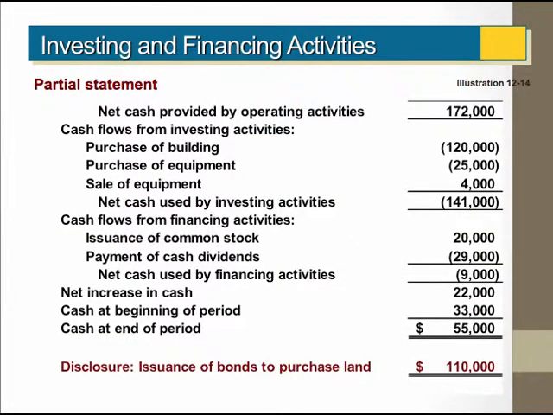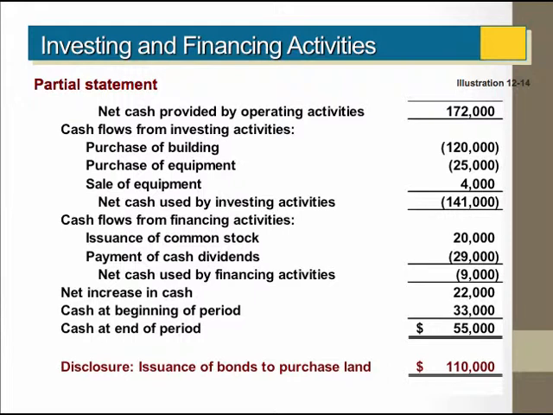So take a look at the cash flows from investing activities and financing activities. Here in these two categories, we are actually showing how cash is received or how cash is used. For instance, if I purchased a building for $120,000 in cash, I'm going to show that cash went down, so I therefore have to show a decrease in cash.